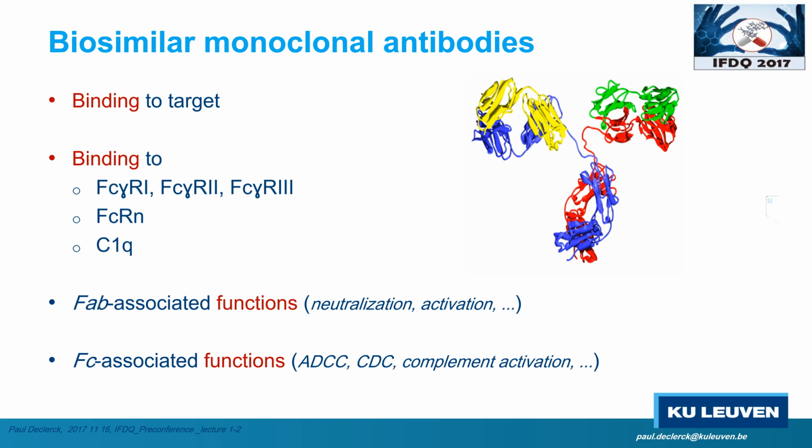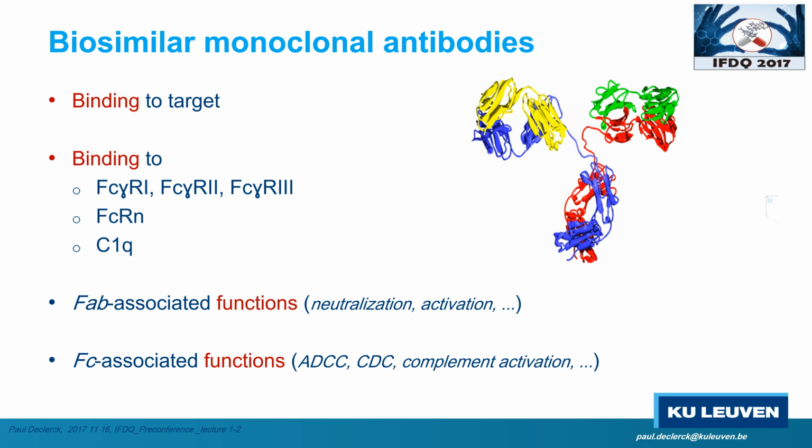But as you may know, the functional properties of an antibody do not, in many cases, only depend on the interaction between the variable domains, indicated here on top of this structure, and the target, but will also depend on the constant region and the physicochemical properties of the constant region.